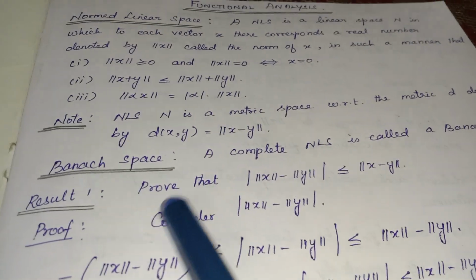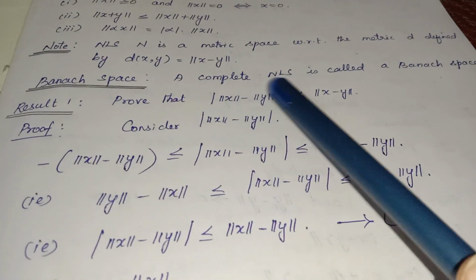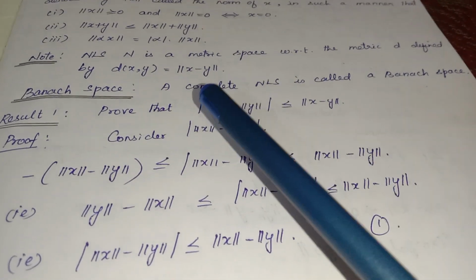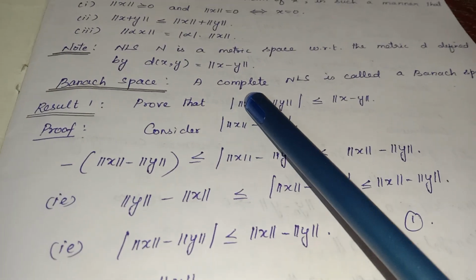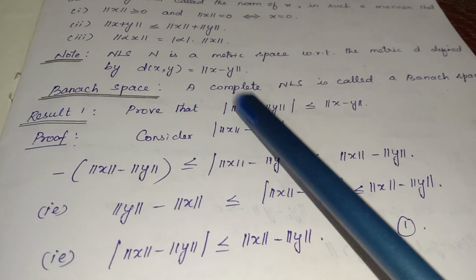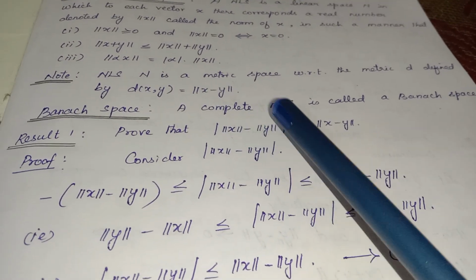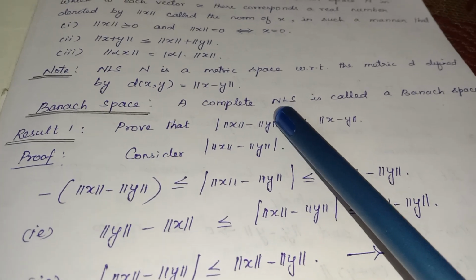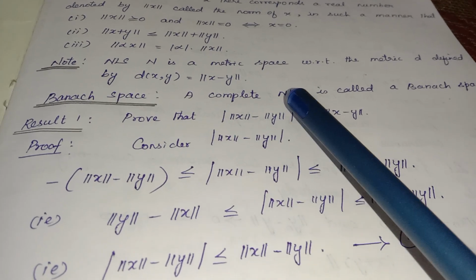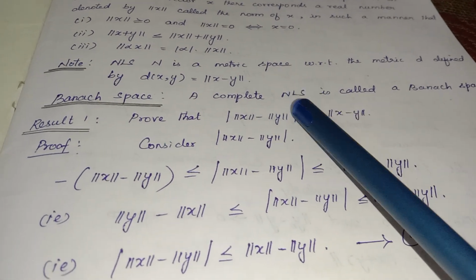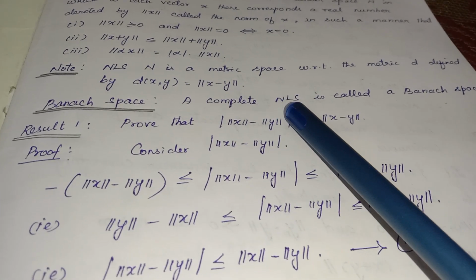Next, Banach space. A Banach space is a complete normed linear space. What do we mean by complete? Suppose you take any Cauchy sequence from the normed linear space. A Cauchy sequence will converge to some point, and that point must be an element of the normed linear space.